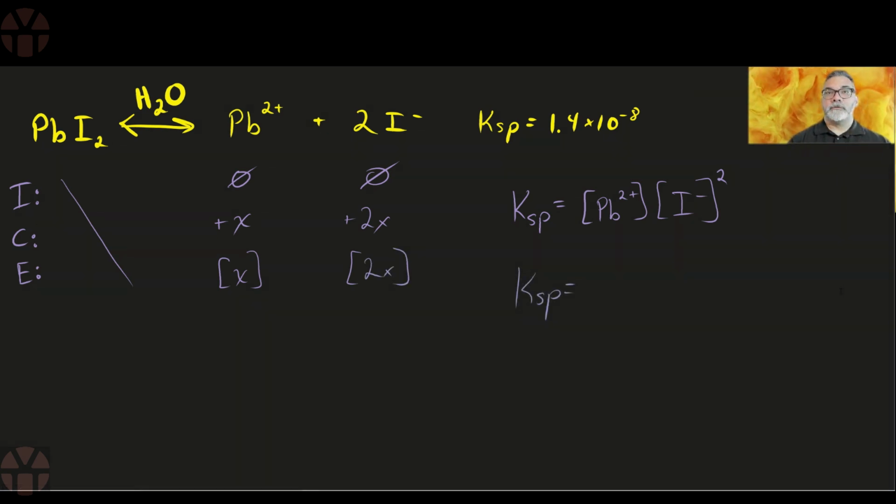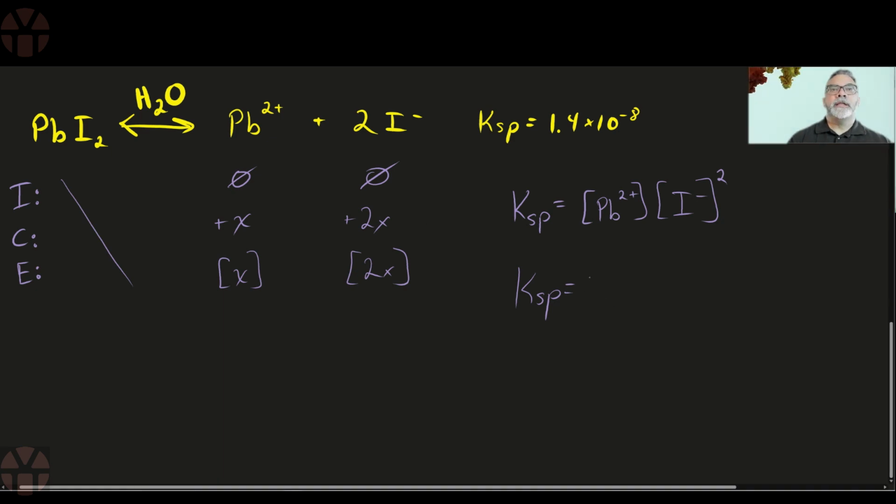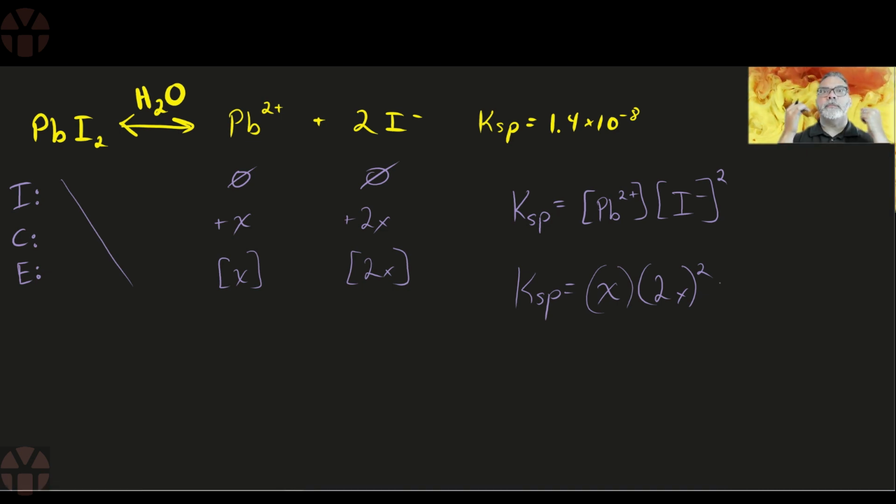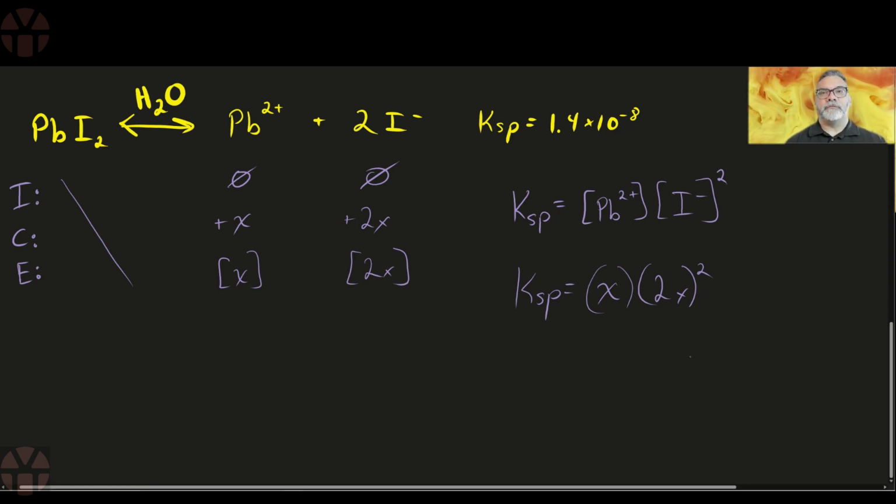So when we go to solve for the Ksp, at equilibrium this is going to be x times 2x, and of course this is going to be squared. Now, here's where the most common trap occurs for students, and you have to make sure that you don't fall into this. If I had $1 for every time I've seen students tell me that this is therefore 4x squared, I would be rich.